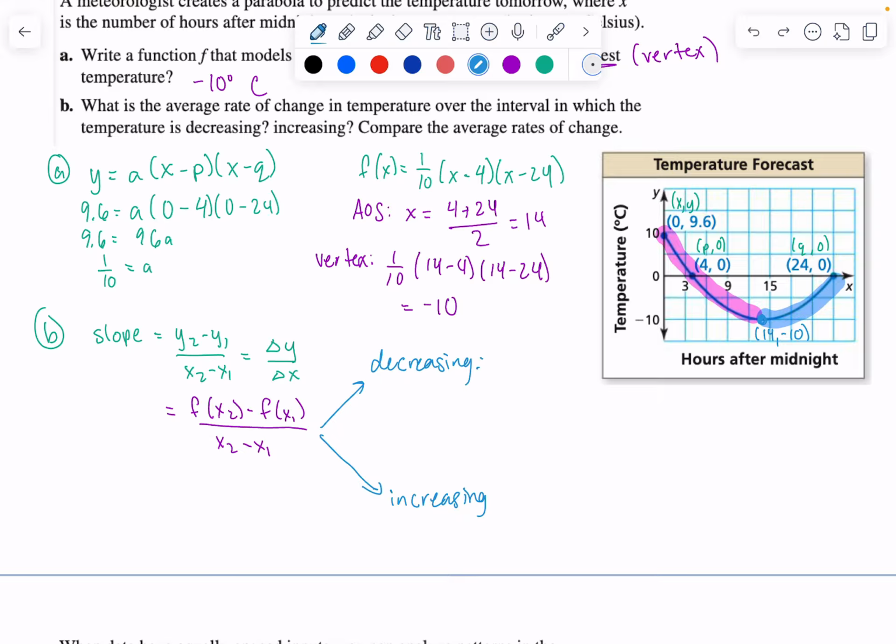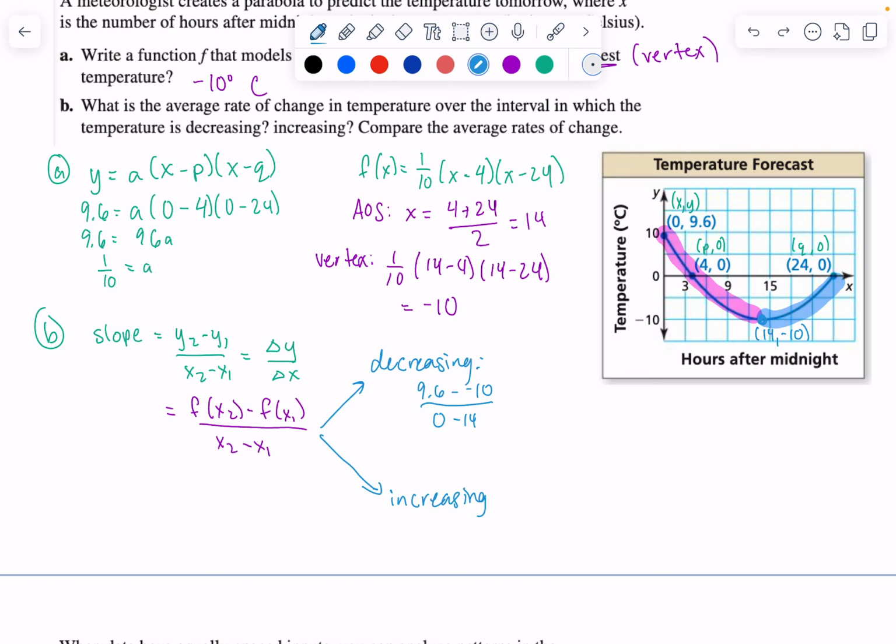So the y2 could be 9.6 minus a negative 10 because that's y1. And then 0 minus 14. This could represent the slope, or let's not call it slope so we don't get confused.